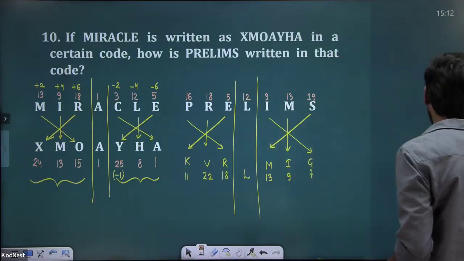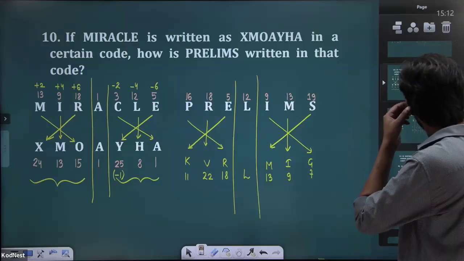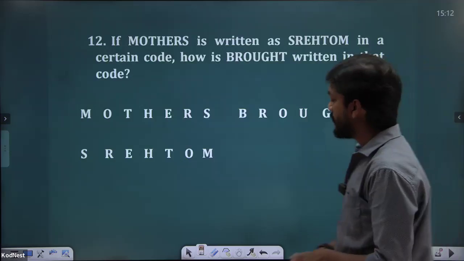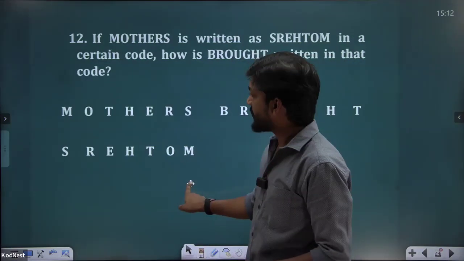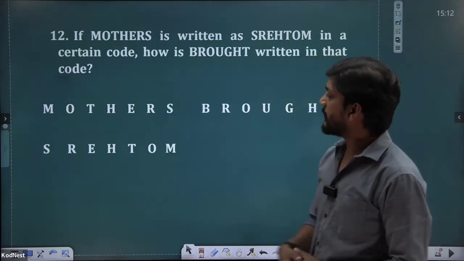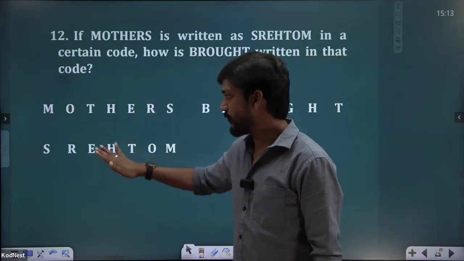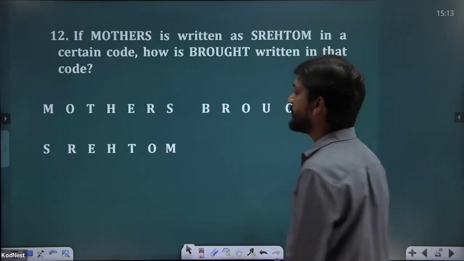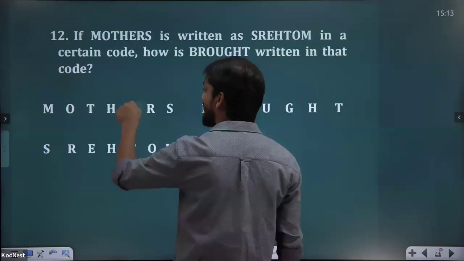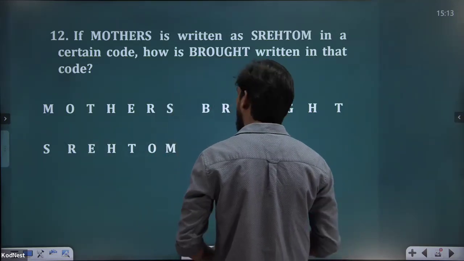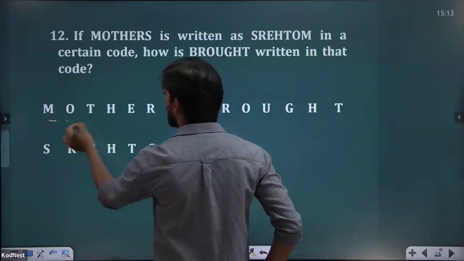All right. So now we are moving on to a little bit different type of questions. If you observe, the word and the code will contain the same letters. MOTHERS, the same letters are present here also, in exactly reverse order.